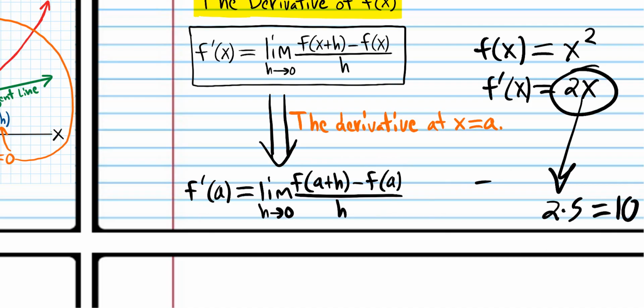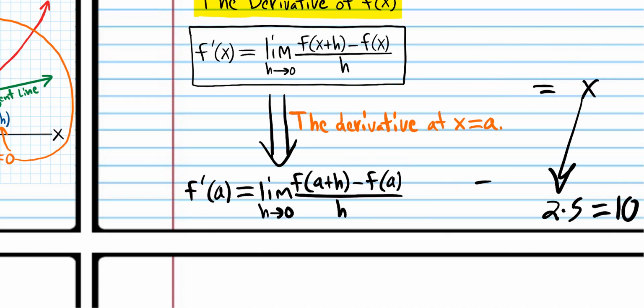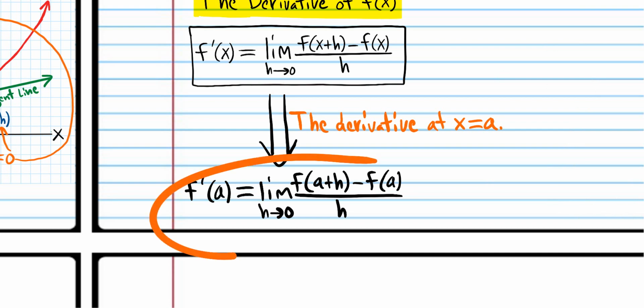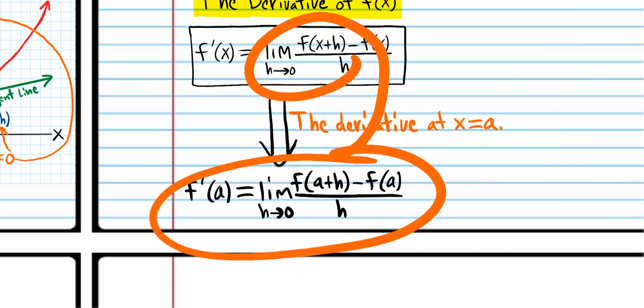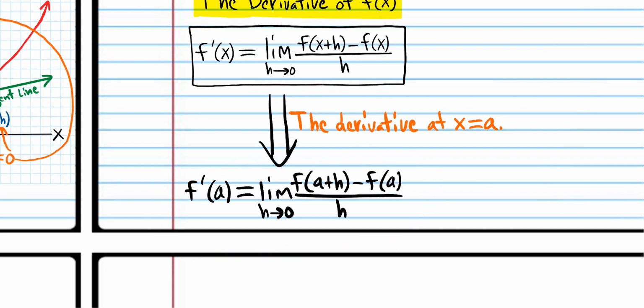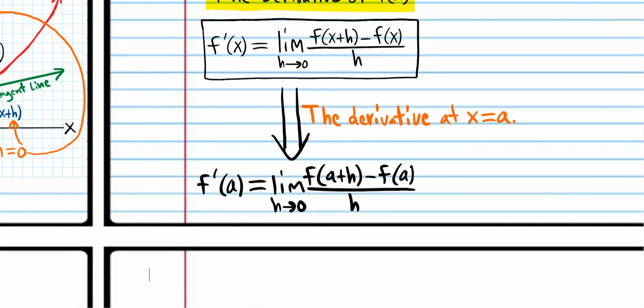But why do we care about that? I mean, who cares? This formula is nothing new. It looks exactly the same. We just replaced x with a, right? Well, you're right. It's not exactly necessary to write a new formula for finding the derivative of a function at a specific x value.